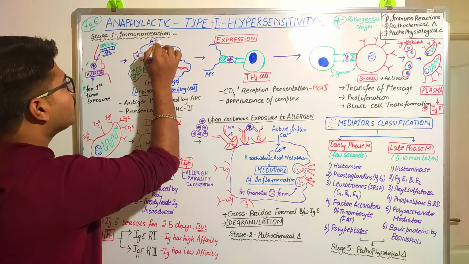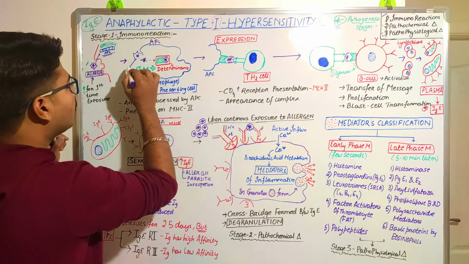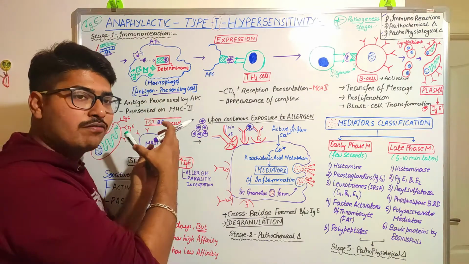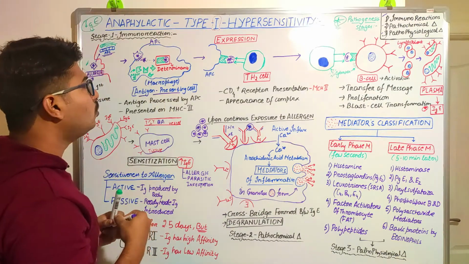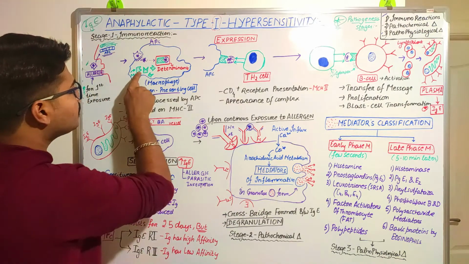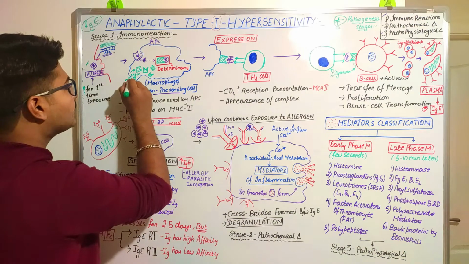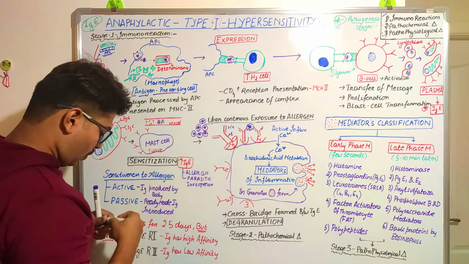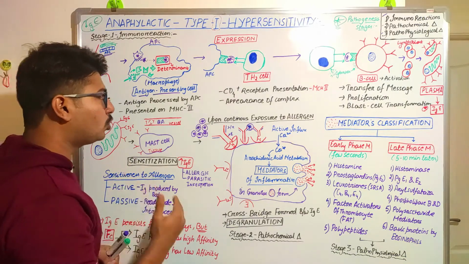Here is the APC, and it will try to phagocytose the allergen or antigen by passing it through its membrane. Then what happens? These are some small structures which you can see. These are known as MHC type 2, major histocompatibility complex type 2.